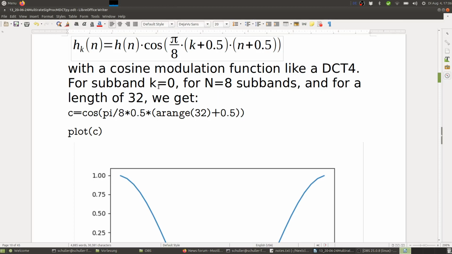So for subband k equals 0 and for n equals 8 subbands and for length of 32, we get this image. So here we computed cosine of pi over 8 times 0.5 times a range of 32. This is our lowercase n plus 0.5, and then we plot it.